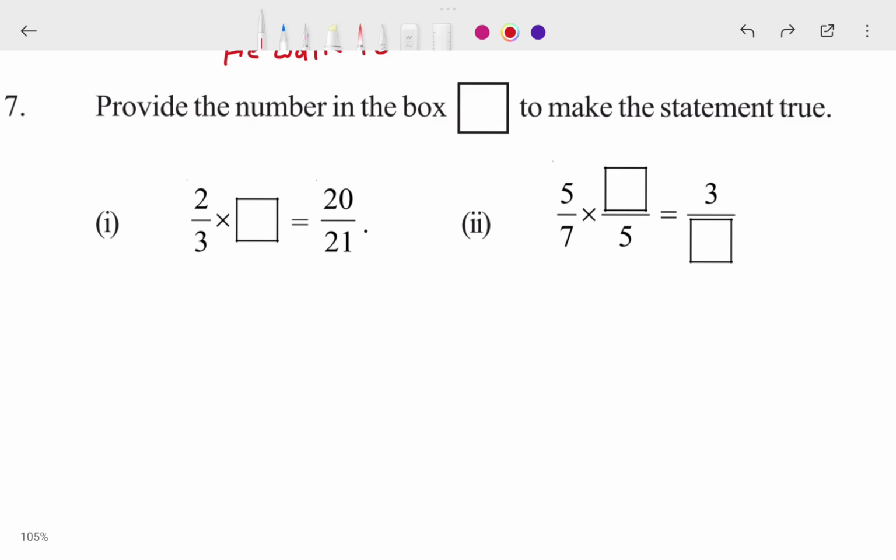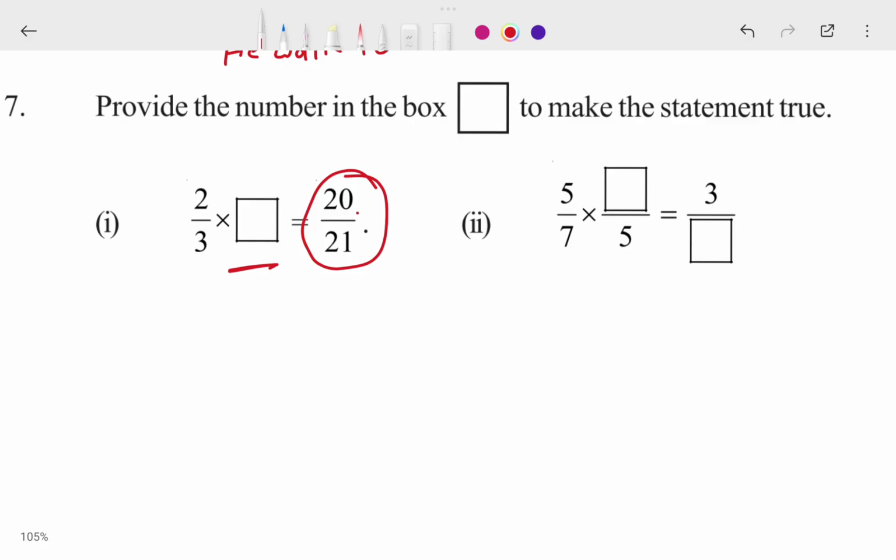Provide the number in the box to make the statement true. Okay, so what we have to put in the box that satisfies this one? This is a very simple question, I can generally tell you.